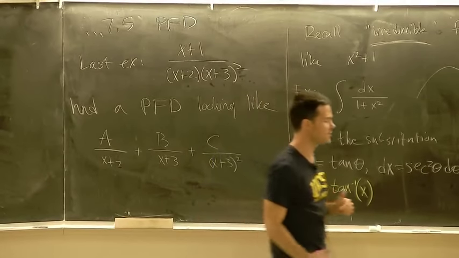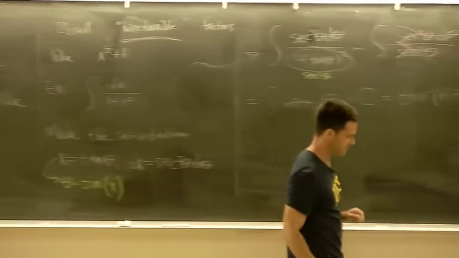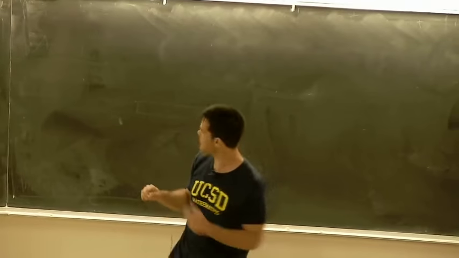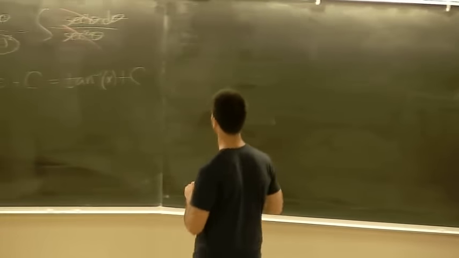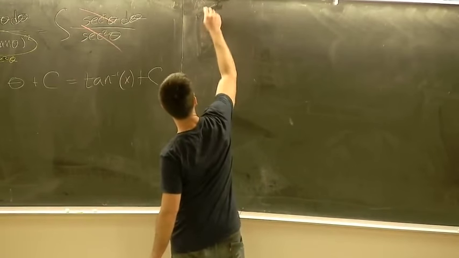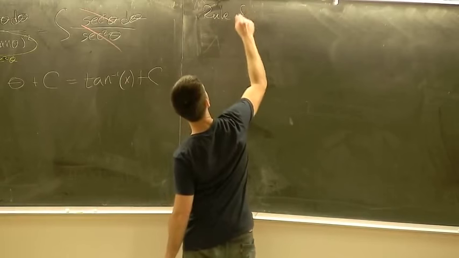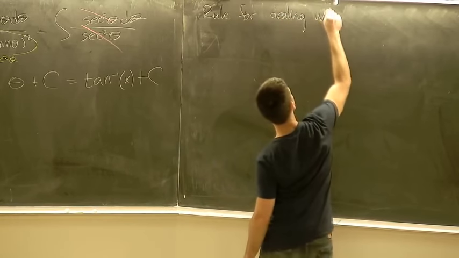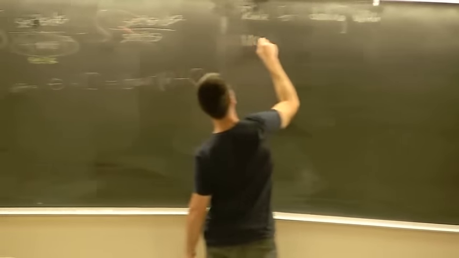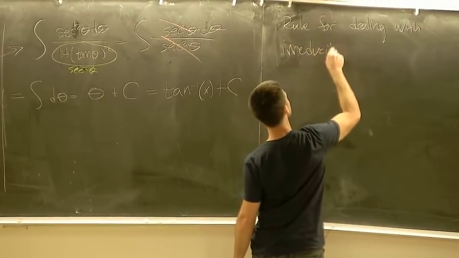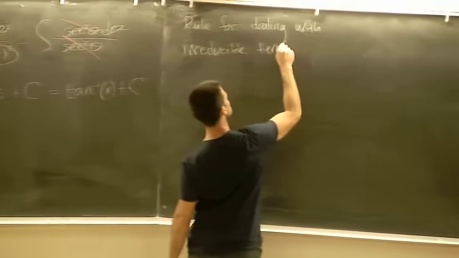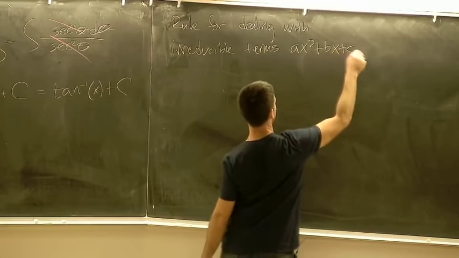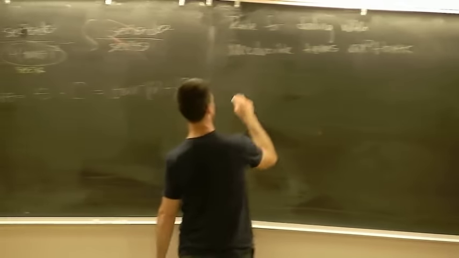And before I do an example, let me write down the rule. So let's just give a general irreducible term, ax squared plus bx plus c.